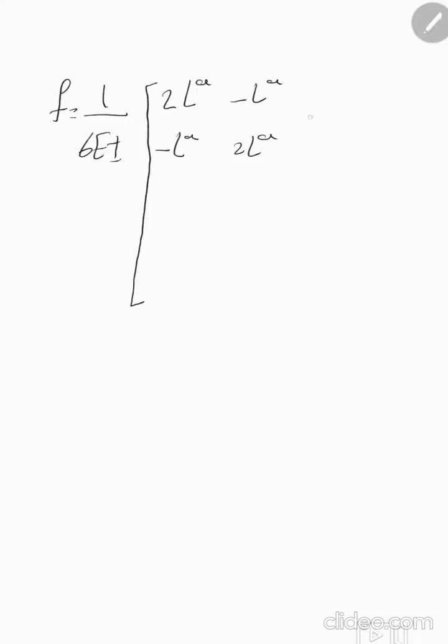Small f equals 1 over 6EI, 2LA, minus LA, minus LA, 2LA. LA means the first length of the parts. Okay, so here 0 0 0 0 0 0 0 0. This is the first part.